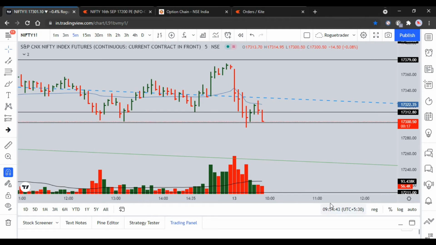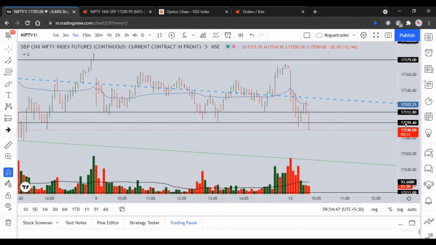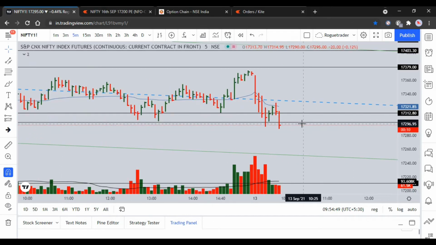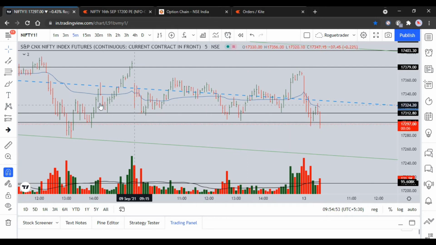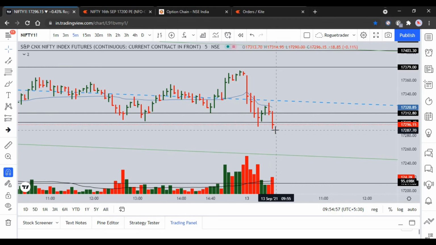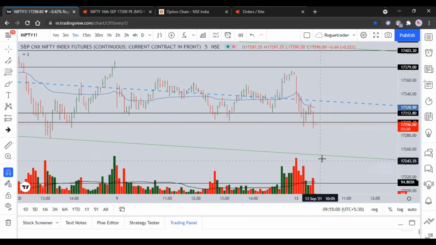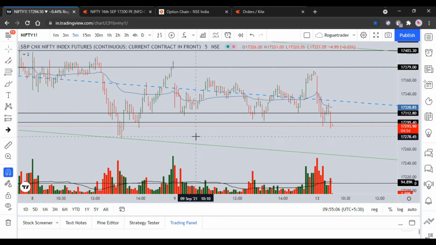So the trade has already been executed. After this confirmation bar, I have taken the trade. I had a particular support right here. I was expecting that this support would break, because a lot of the time this support has been getting weaker and weaker again and again. That's why I've taken the trade. My target is around these levels, but I can exit around 17,260, or let's assume 17,275 also.